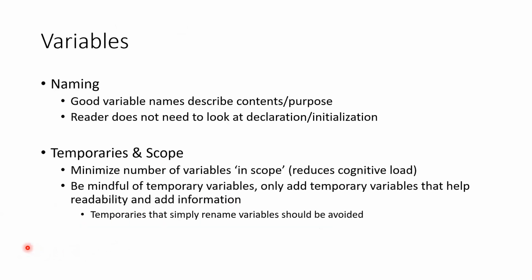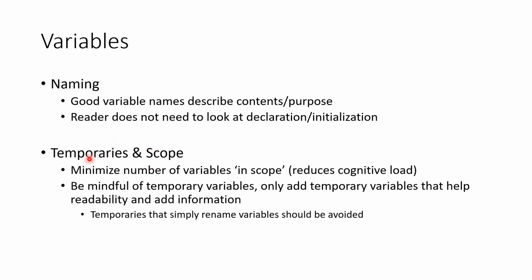For variables, first, naming. We want variable names to describe their content and purpose, so we don't need to go to its declaration and read through the comments. And temporaries and scope.